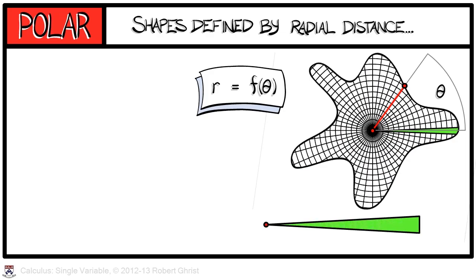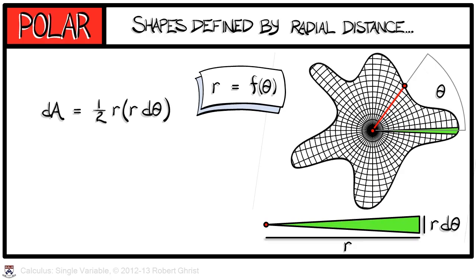What will this area element look like? We'll approximate it as a triangle whose length is r, the radial distance, and whose height is r times d theta. In this case, the area element is the area of this triangle, 1/2 r times r d theta.